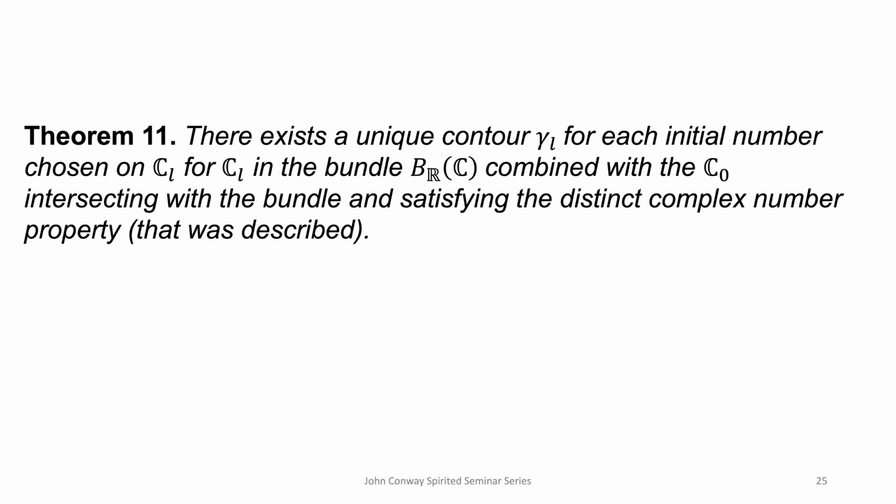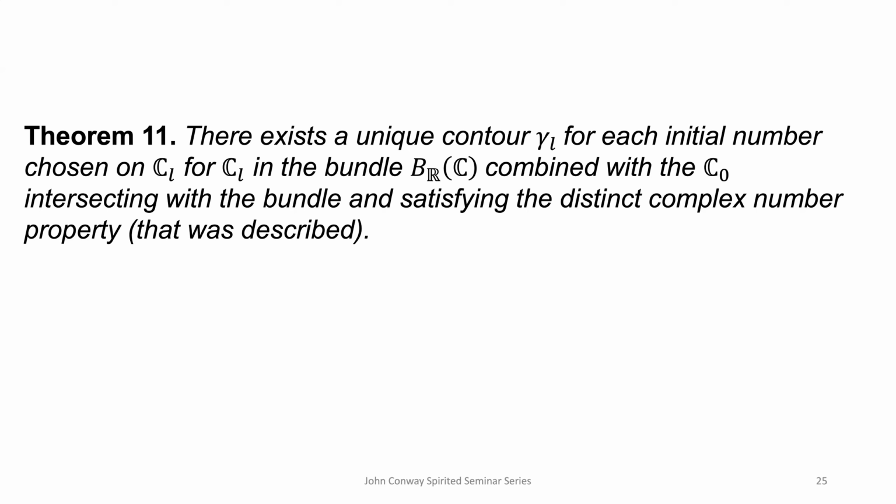The contour formed under the setup, whatever I discussed so far, is unique. Yes, please. What do you mean by the distinct complex number property? Good point. Distinct means that previously we saw you pick a number R0, then R1, then R2, R3.